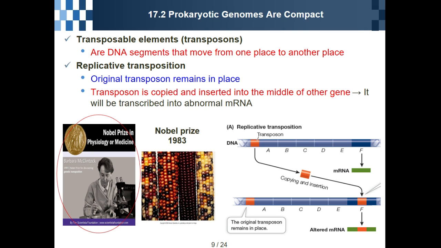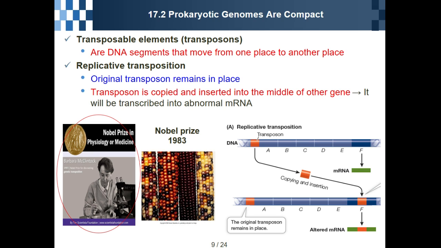In this case, the transposon component moves to this F gene. It means that this F gene will produce abnormal mRNAs.